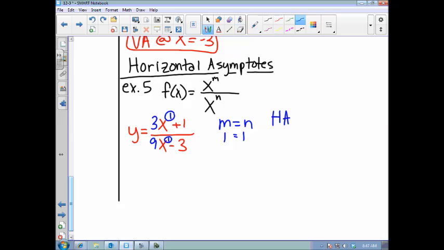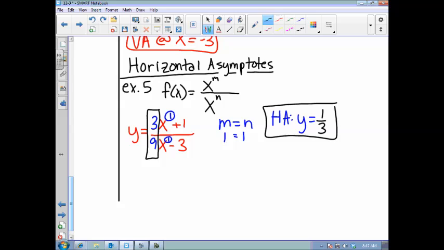So it's the equation y equals the leading coefficients. Okay? 3/9 would be the same thing as 1/3. So the horizontal asymptote would be the simplified fraction of the leading coefficients when their powers, numerator and denominator, are exactly the same.